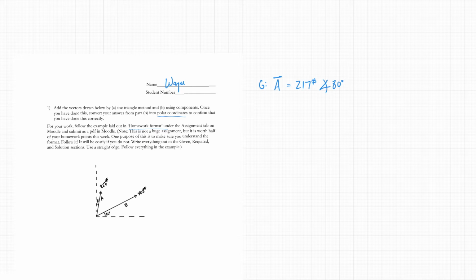Okay, so you could do that. And there's obviously a few different ways that you could write that. You could write 217 pounds at an angle that looks like this, 10 degrees. Same thing, just depends on how you want to do it.